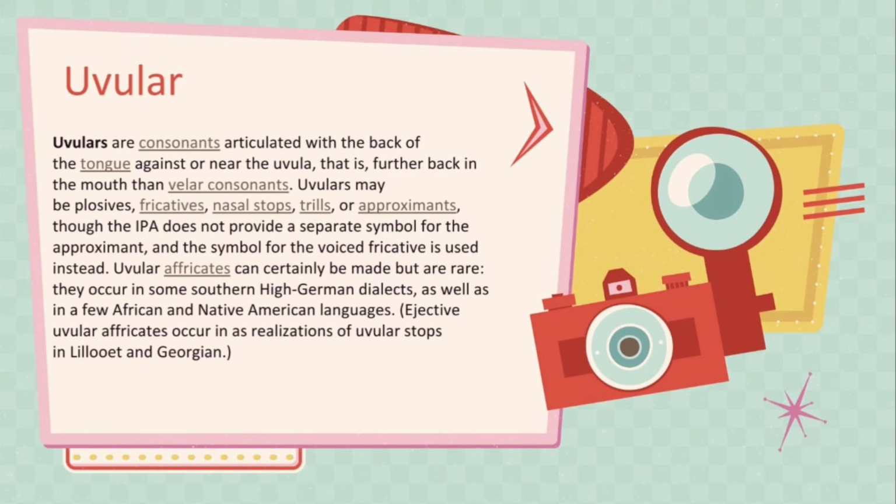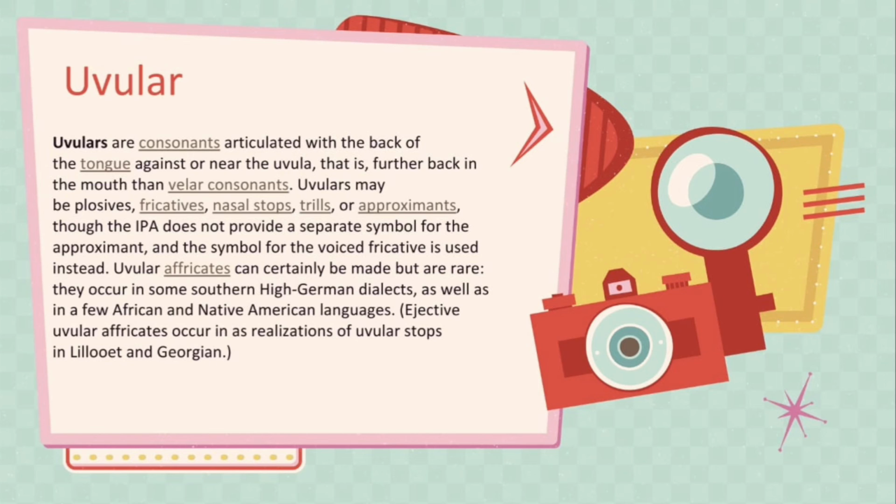Though the IPA does not provide a separate symbol for the approximant, and the symbol for the voiced fricative is used instead. Uvular affricates can certainly be made but are rare.